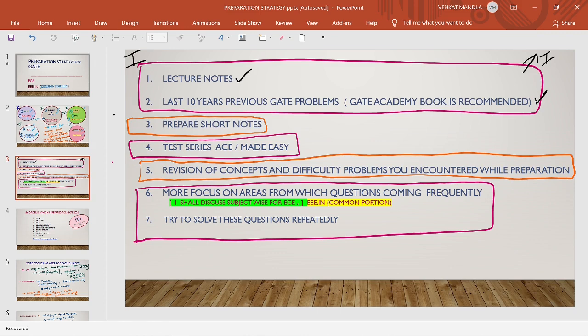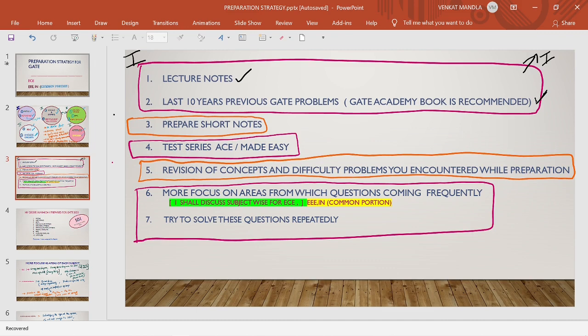Next, why have I recommended short notes after the first block? If you read the concepts and solve all the previous year GATE problems, then you come to know which area you're finding difficult, which concepts you need to repeat and revise more and more, and which concepts you don't need to revise at all.